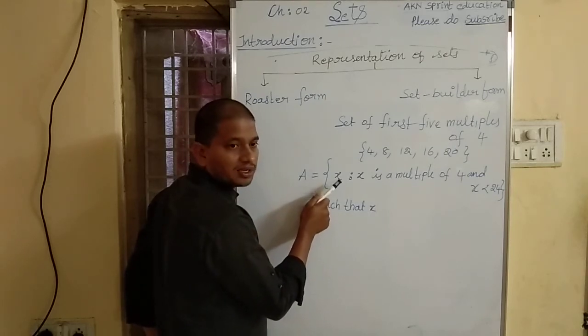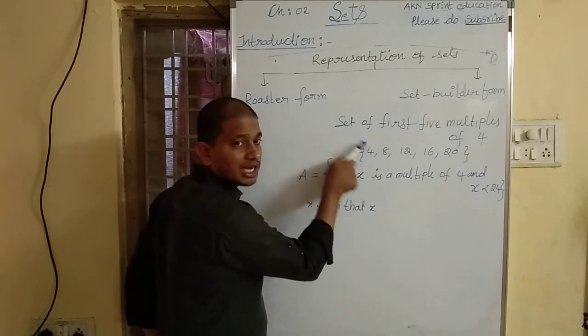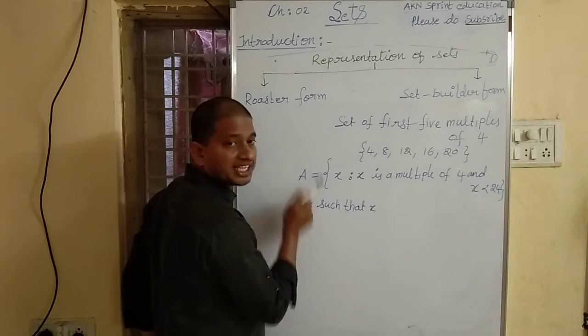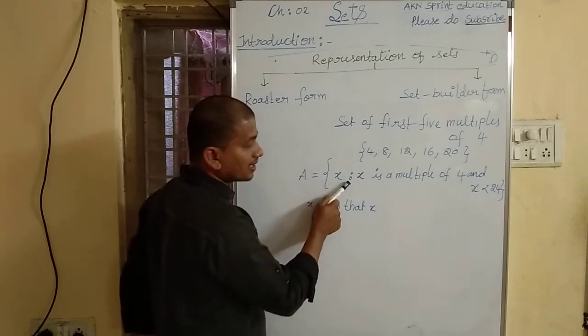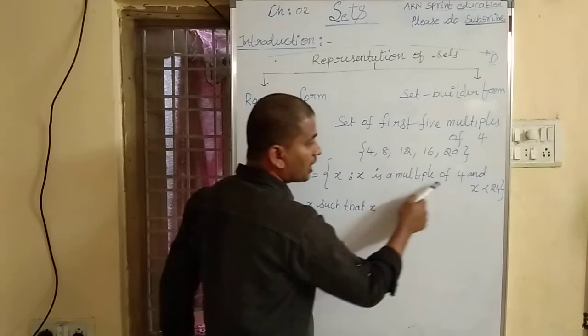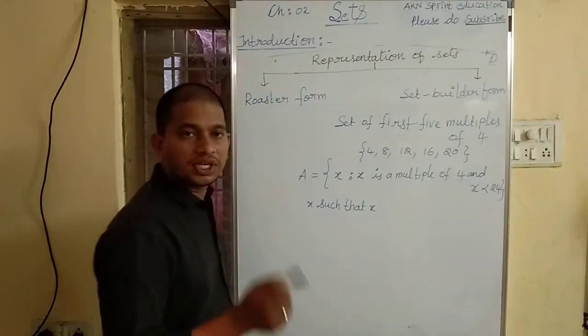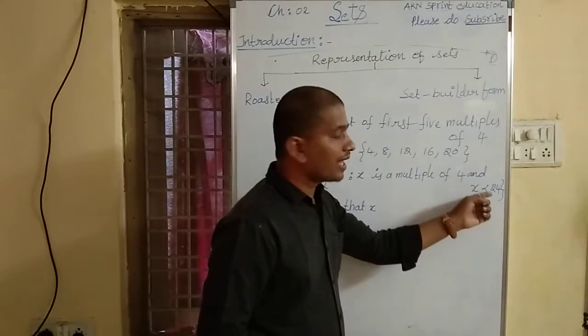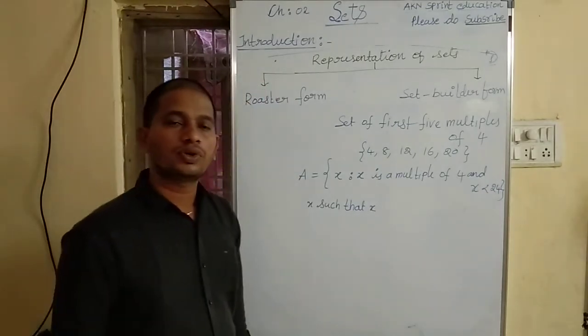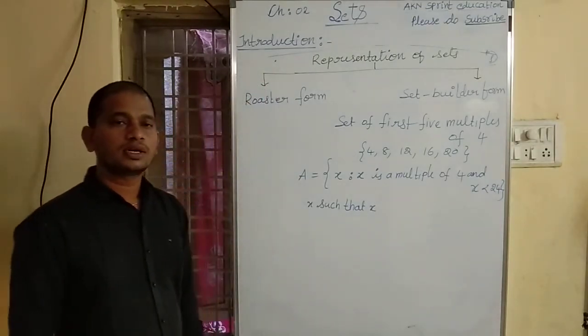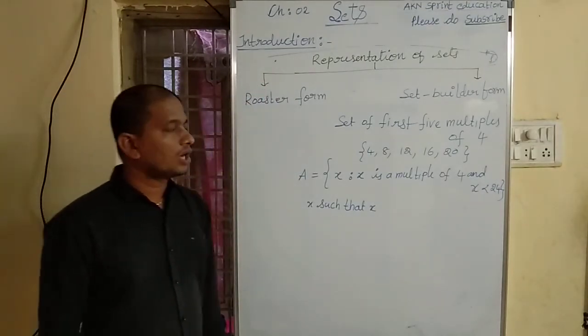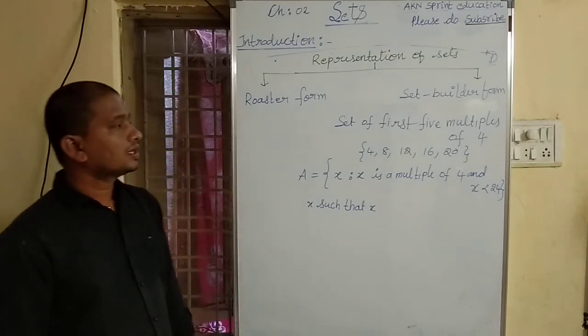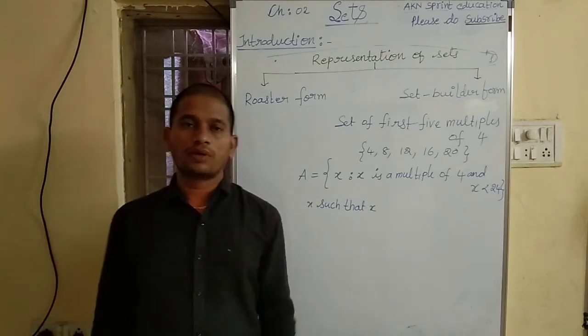When we write the elements in the set using set builder form, we follow this syntax: x such that x is a multiple of 4 and x must be less than 24. Got it? How to write elements in the set using set builder form.